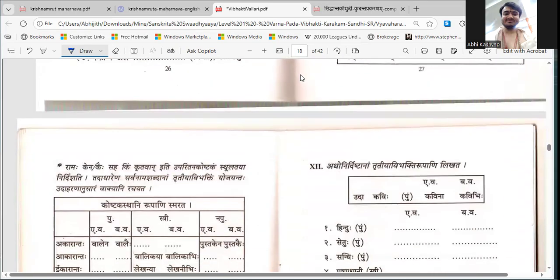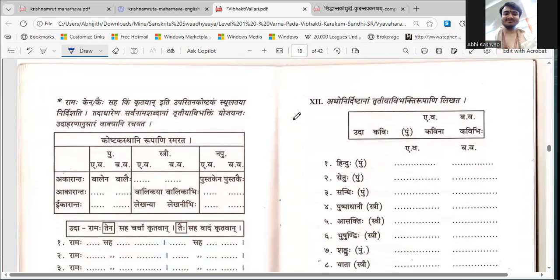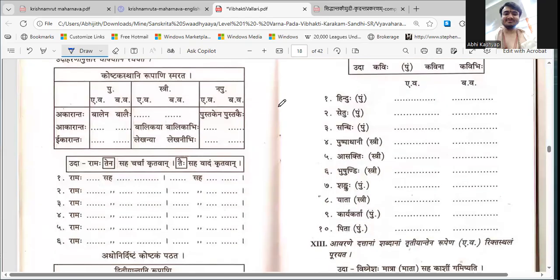Uparitana Koshtakam. Sthulataya Nirdishati. It shows, roughly. Tad adhare सर्वनामशब्दानां तृतीया विभक्तिं योजयन्तः उदाहरणानुसारं वाक्यानि रचयत.